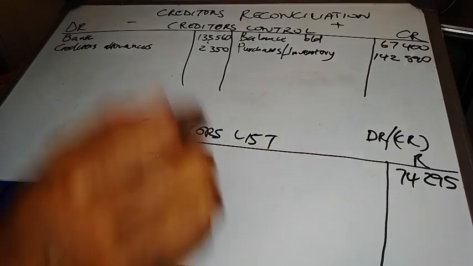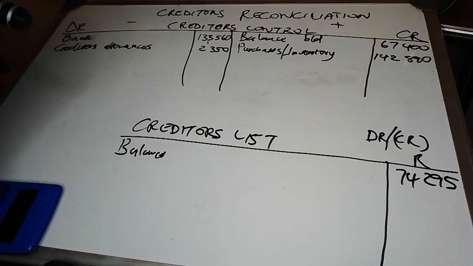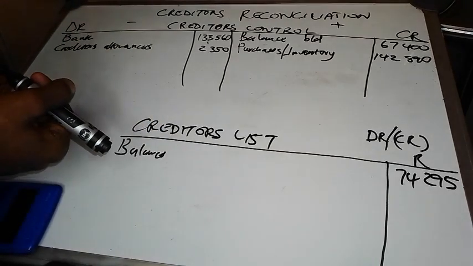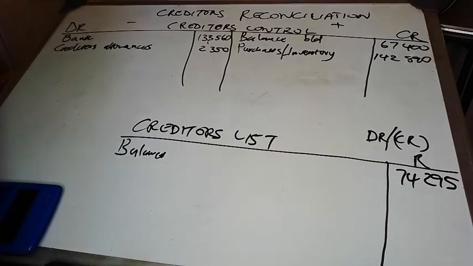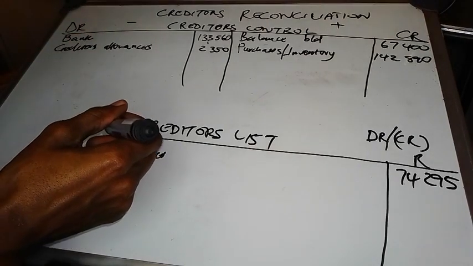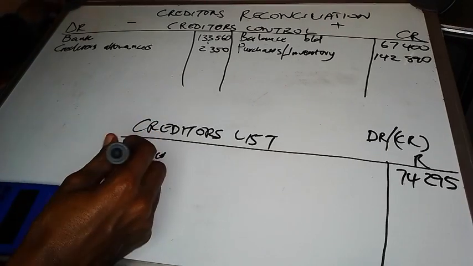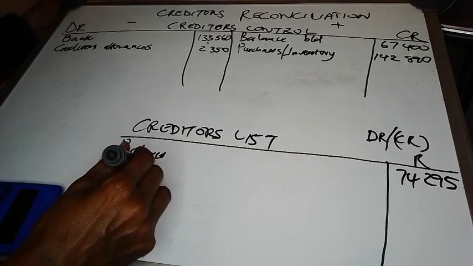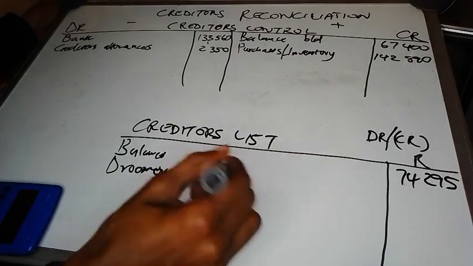Now we need to go to the other information. The information given says there's an understatement of 172. This amount was incorrectly posted to the account of Duma as 127. So we've got our creditor here, Duma and Co, right?